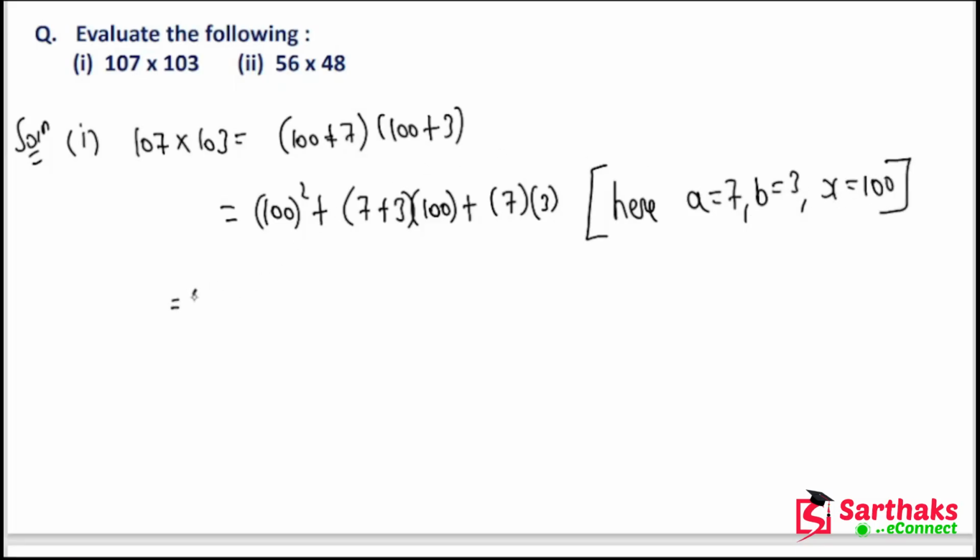Now 100 square would be 10,000, plus 7 plus 3 would be 10, and 10 into 100 would be 1000, plus 7 into 3 would be 21. So it would be 10,000 plus 1000 plus 21, that is 11,021. So it was that easy to calculate the product using this identity. Let us move on to the second part.